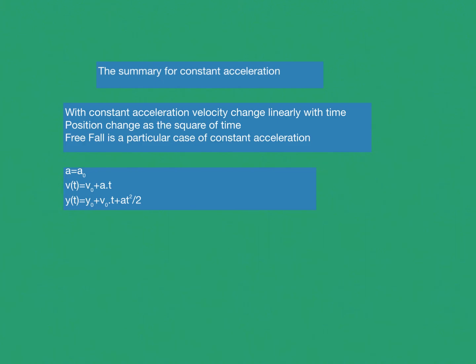So finally, the equations for constant acceleration, whether it happens in the x direction or in the y direction, like a free fall, are: a equals a0, v of t equals v0 plus a times t, and y equals y0 plus v0t plus at squared divided by 2. I hope you can now do problems.